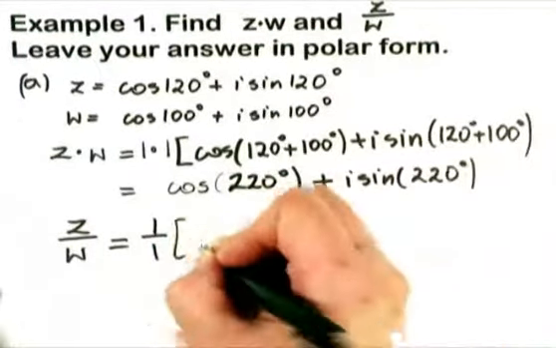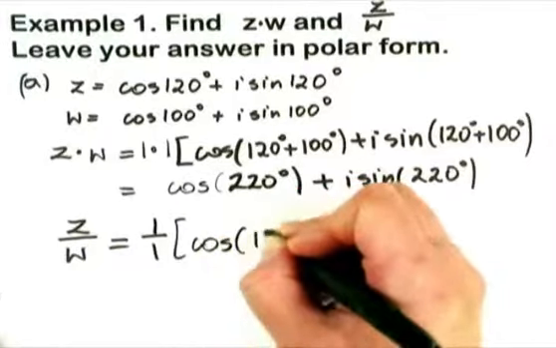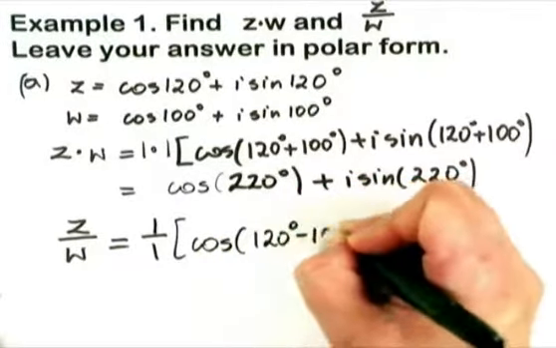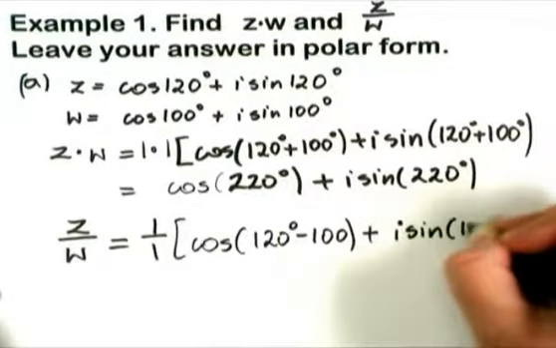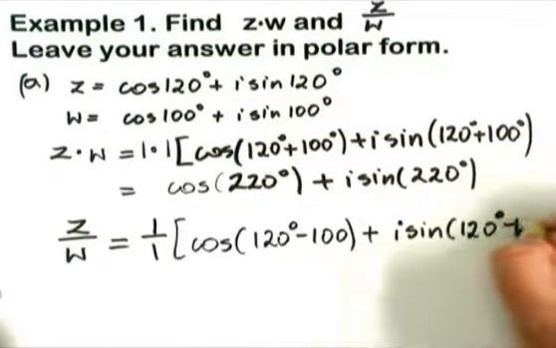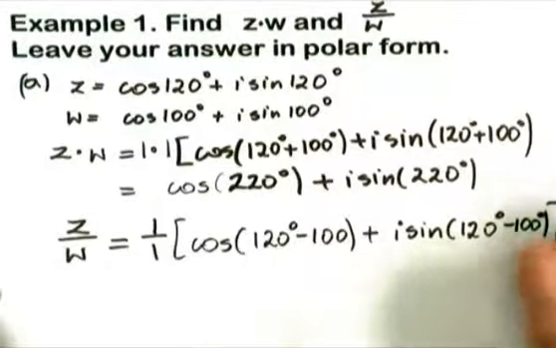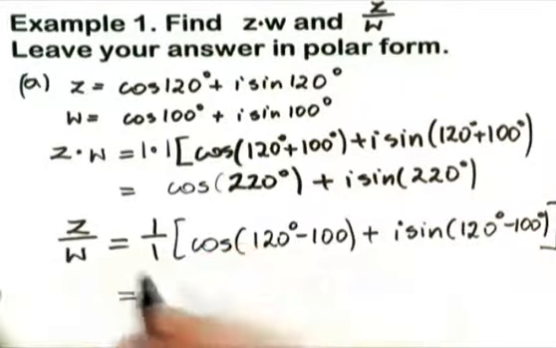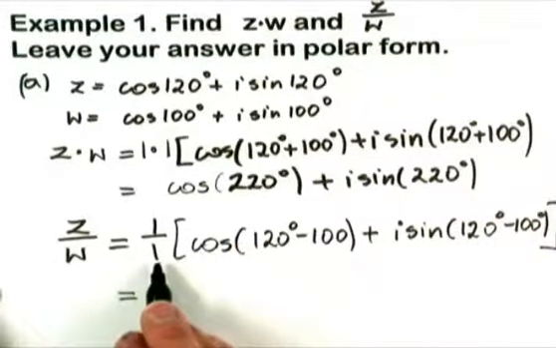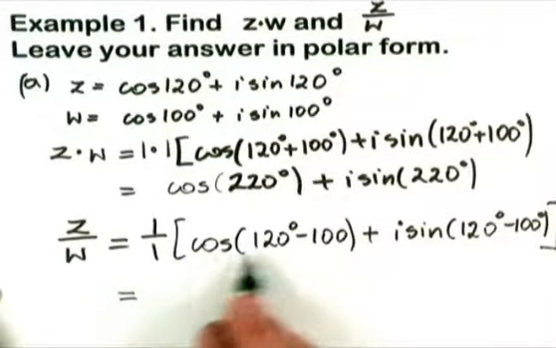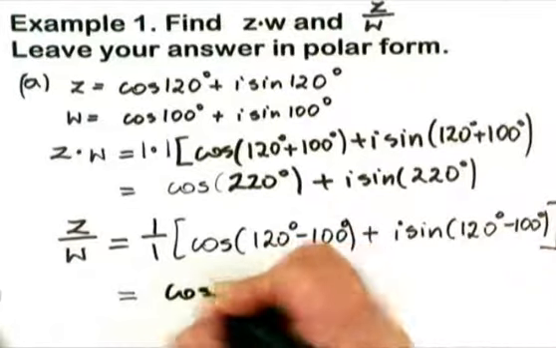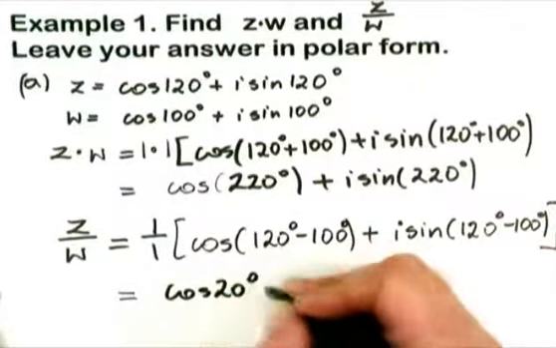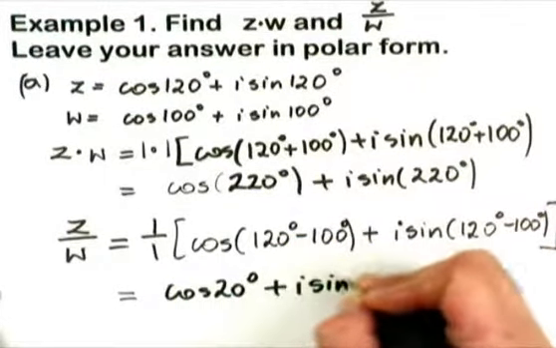And we have cos, and we subtract 120 minus 100, plus i sine 120 minus 100. So 1 divided by 1 is 1, times anything is the number. 120 minus 100 is cos 20 plus i sine 20 degrees.